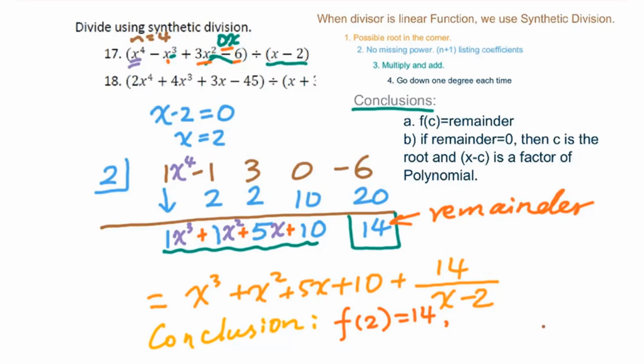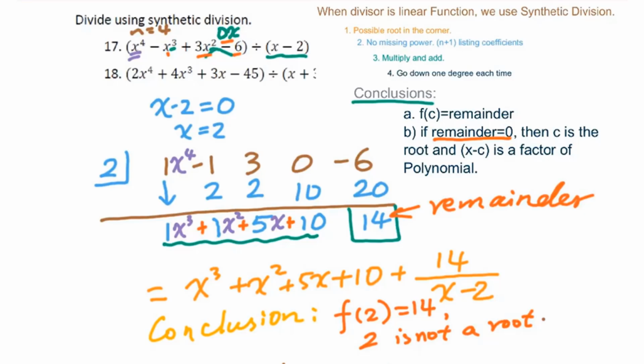Then, if the remainder equals 0, then c is a root. Since the remainder is not equal to 0, therefore, 2 is not a root of this polynomial. In other words, x minus 2 is not a factor of this polynomial.